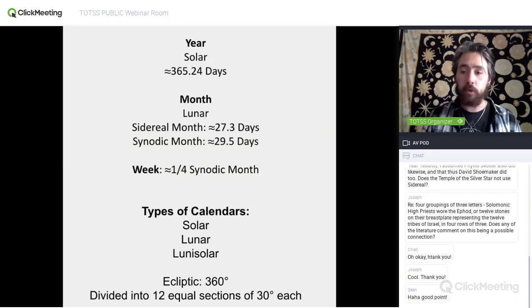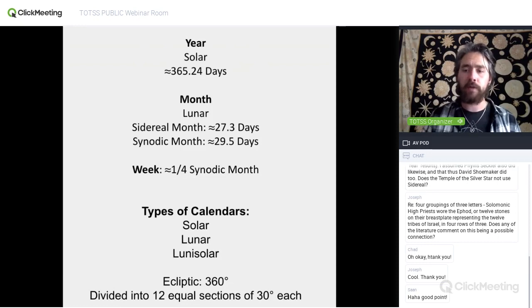Now you do have purely lunar calendars. An example of this is the Muslim calendar, which is a purely lunar calendar. So their calendar just uses 12 lunar phases as the year. Now, if you sort of do the math out, the synodic month of 29 and a half days, if you have 12 of those, it ends up being, I think, about 354 days long.